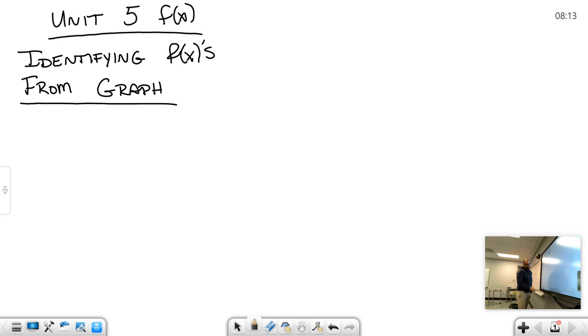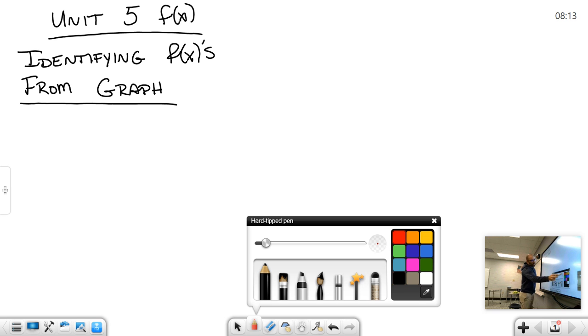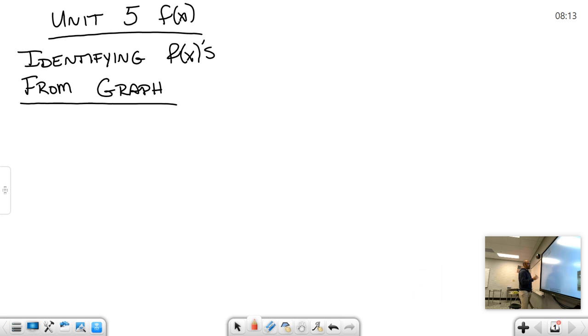Okay, so when I identify functions from a graph, we have what we call a vertical line test.